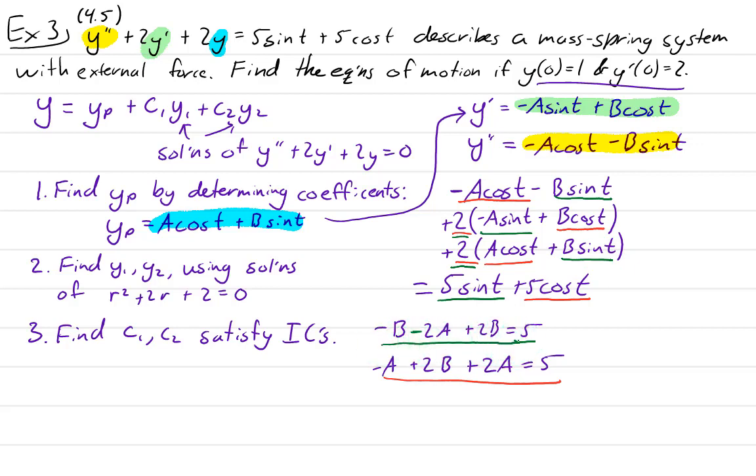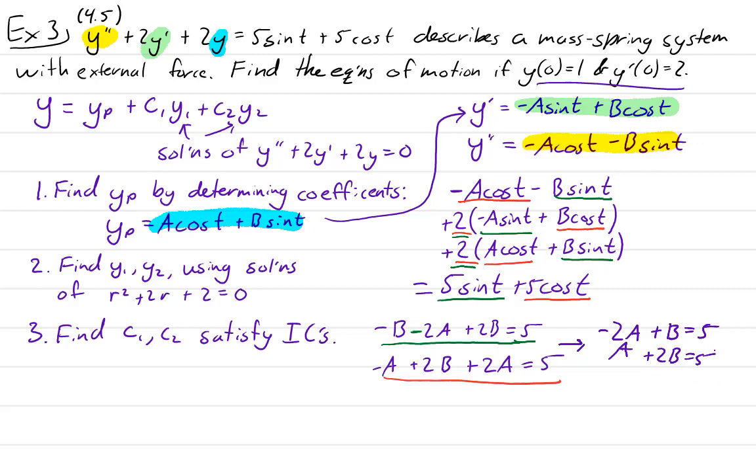So those are all the coefficients of sine that need to add up to 5. You can write this as a system of equations with combined terms in standard form, like negative 2a plus b equals 5, and this one gives you a plus 2b equals 5.